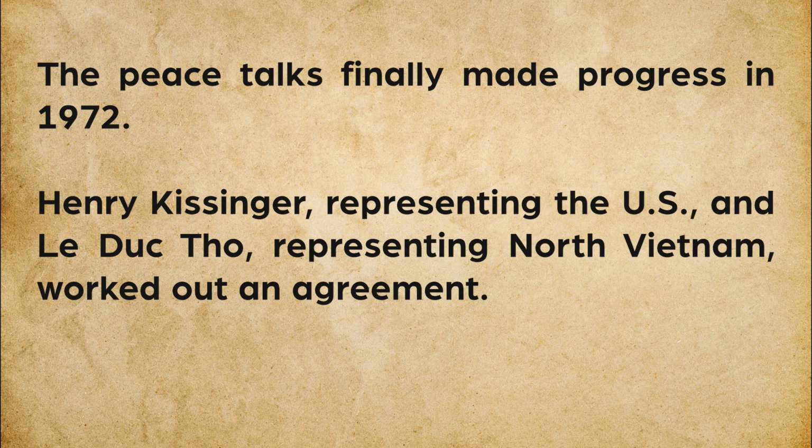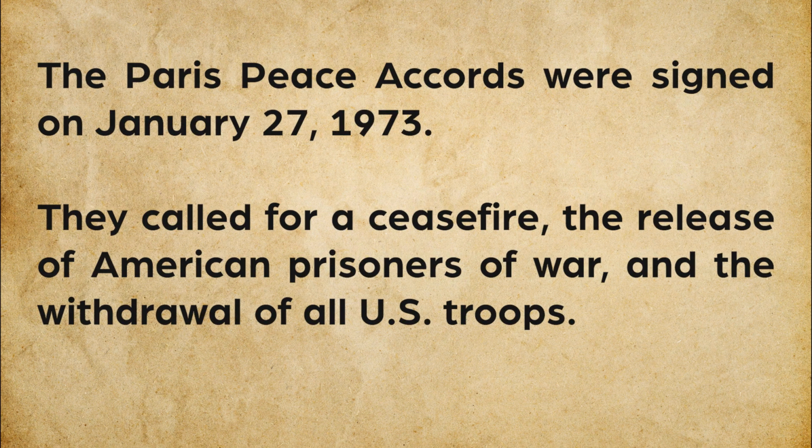The peace talks finally made progress in 1972. Henry Kissinger, representing the U.S., and Lưu Duc Tho, representing North Vietnam, worked out an agreement. The Paris Peace Accords were signed on January 27, 1973.